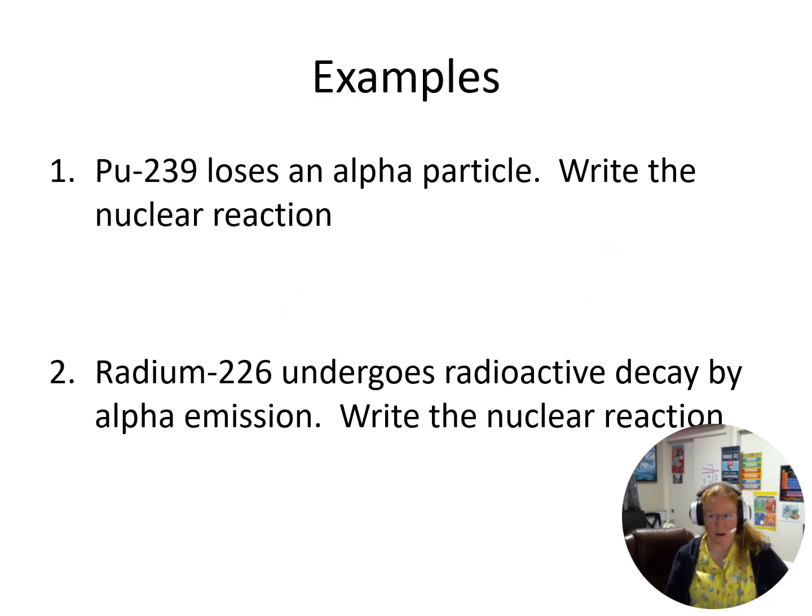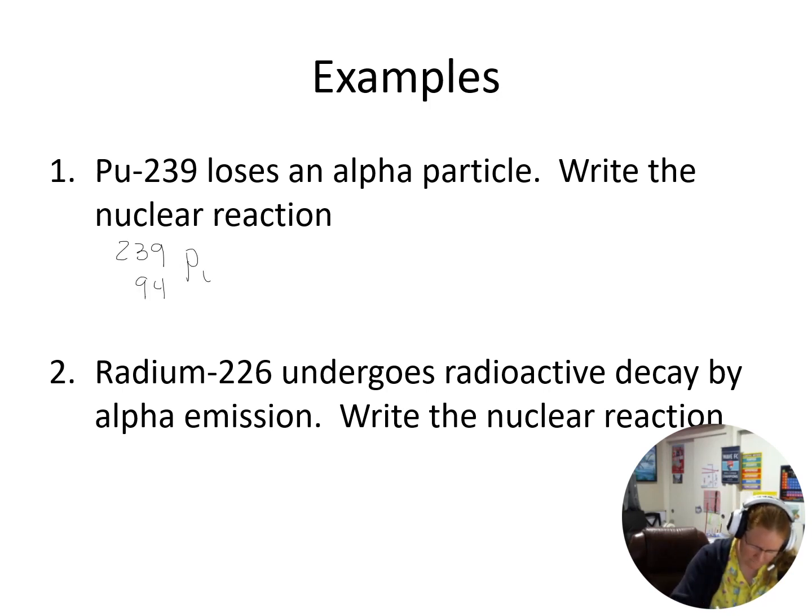All right, so a periodic table is going to be really handy for this. We're going to try a couple. All right, we've got some plutonium-239. We're going to lose an alpha particle. We want to write the nuclear reaction. Now plutonium, when I look on the periodic table, it has an atomic number of 94. So we'll get that.